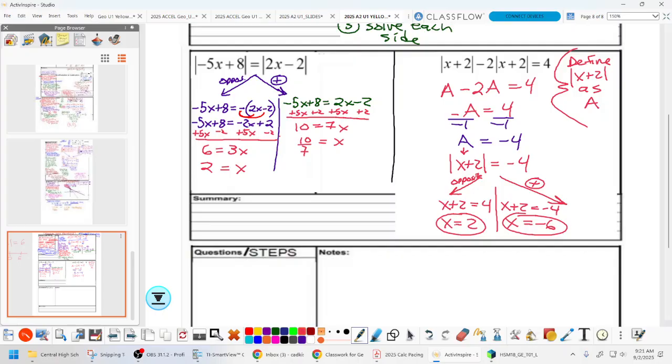We sometimes call it U substitution, the letter U. Here it made sense to call it A for absolute value, but in those cases we use the letter U. So we would say define this as U and substitute it in. It allows you to bypass some difficulty by doing it on just a representative instead of the bigger picture. It's cool. Okay. Any questions on those two methods to get around some obstacles?